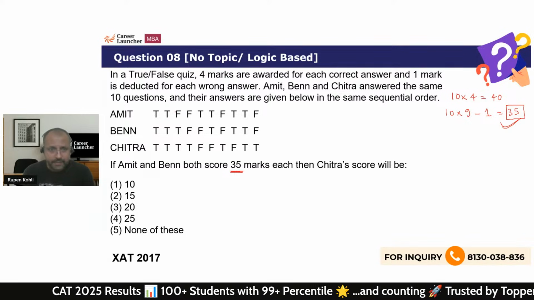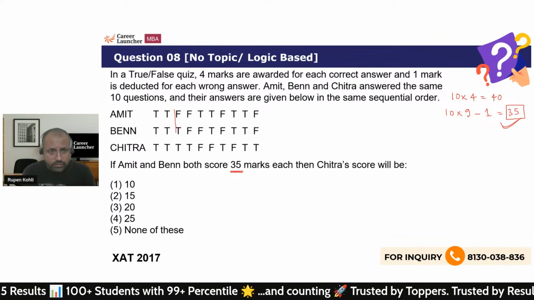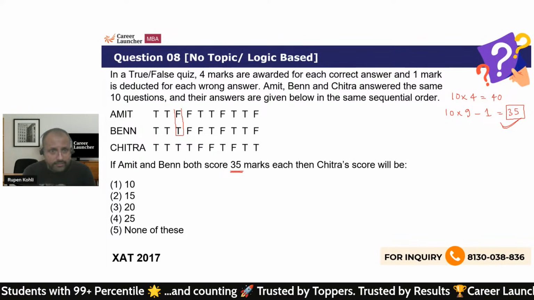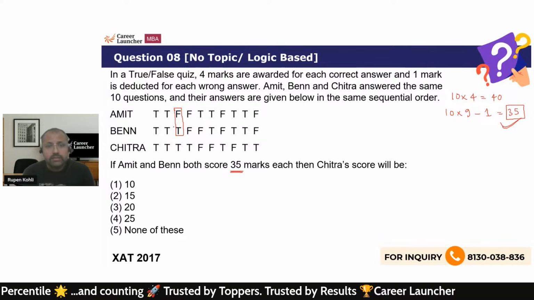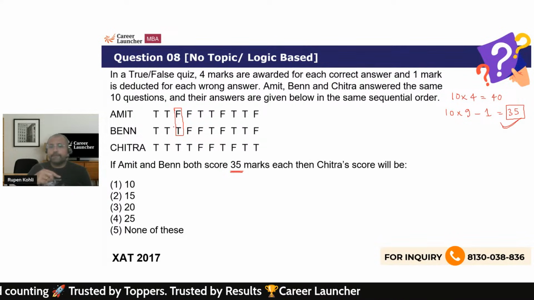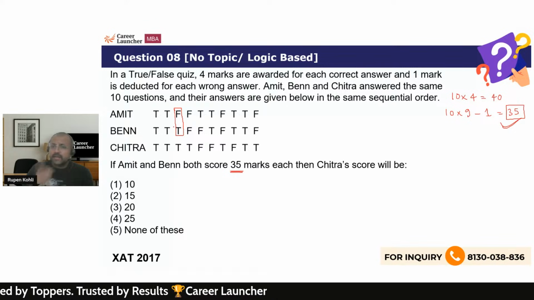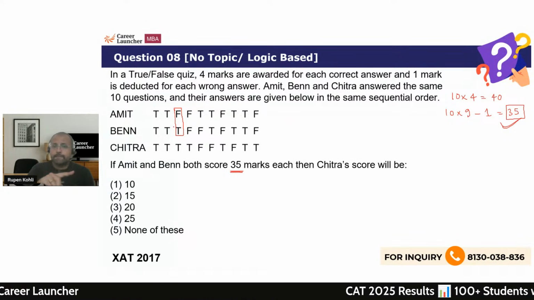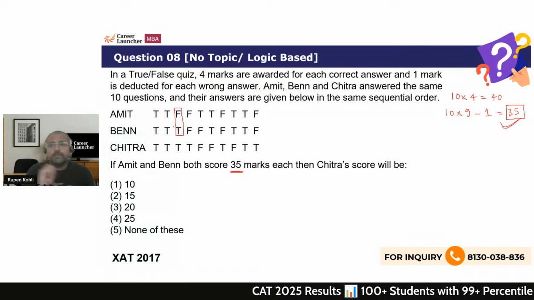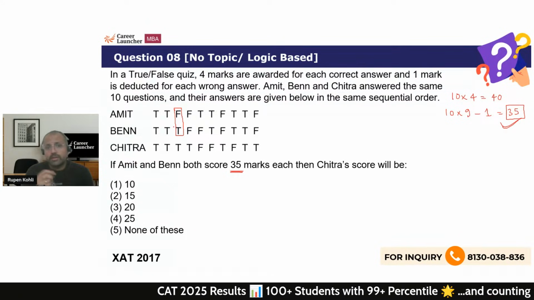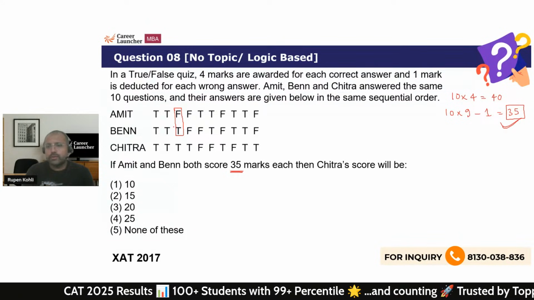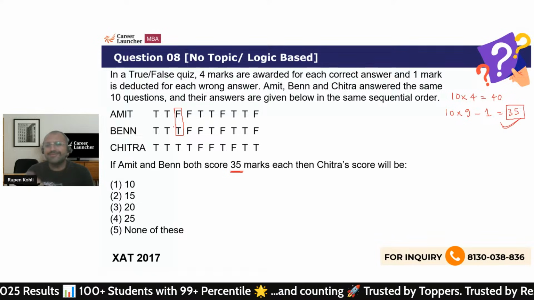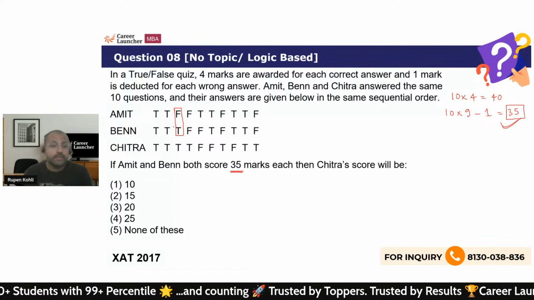Look at this, the third question, they have answered differently. So one of them must be correct, the other must be wrong, because it's a true false quiz. So you're either right or wrong, right? There are no 3 options, 4 options.